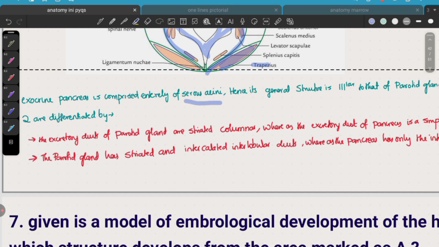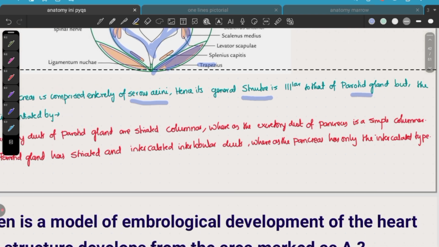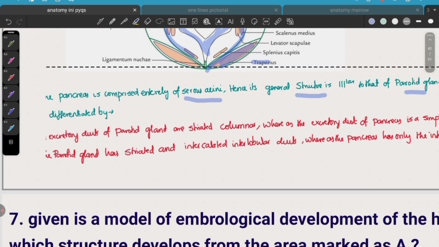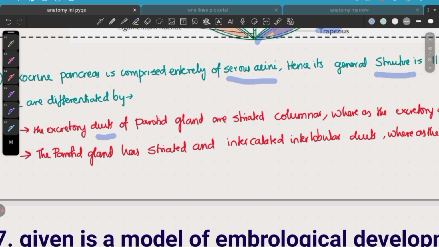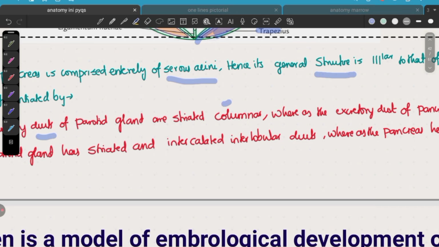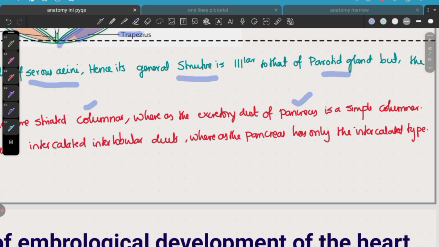Hence, its general structure is similar to that of the parotid. But you can differentiate it by two features. The excretory duct of the parotid gland is striated columnar, whereas the excretory duct of pancreas is simple columnar.